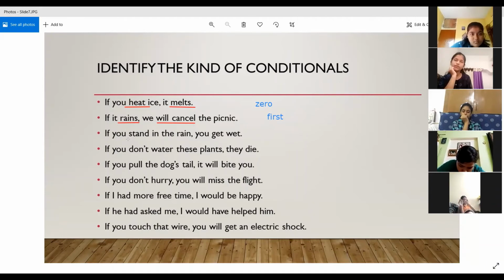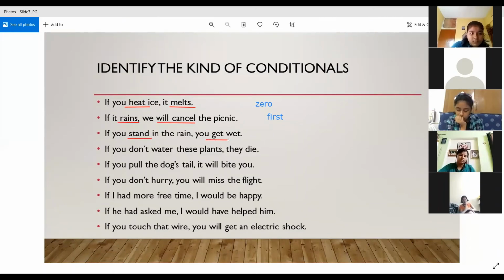So we will say that it is a general truth, and you can see only stand is present over here and get is present over here. And both you can see are the simple present tense. So both are in simple present tense, and it is a general truth. So we are going to say that it is a zero conditional.